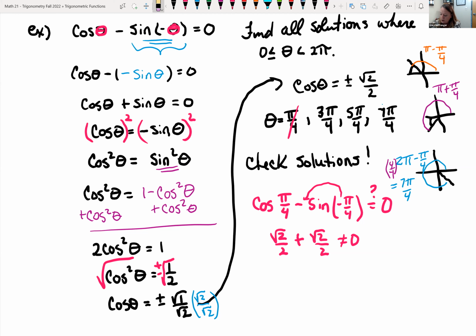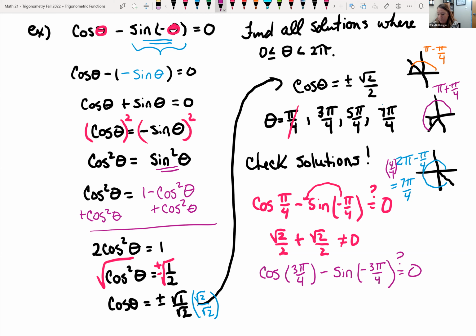So if we plug in 3 pi fourths into our equation, is cosine of 3 pi fourths minus sine of negative 3 pi fourths truly equal to 0?